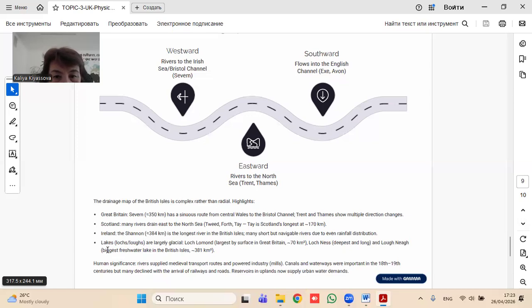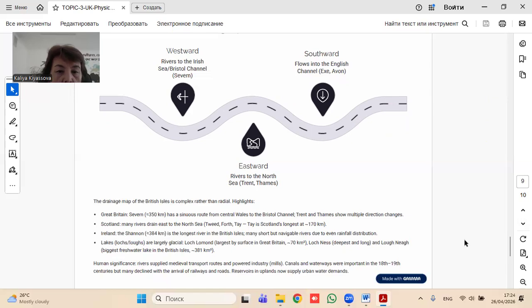Loch Lomond is the largest by surface area in Great Britain, at 70 square kilometers. And Loch Ness is the deepest, a very deep and long lake. And Loch Ness is the biggest by volume in the British Isles.